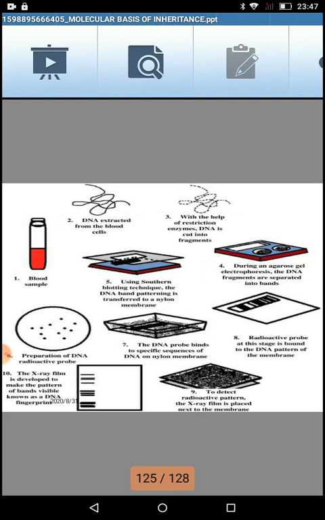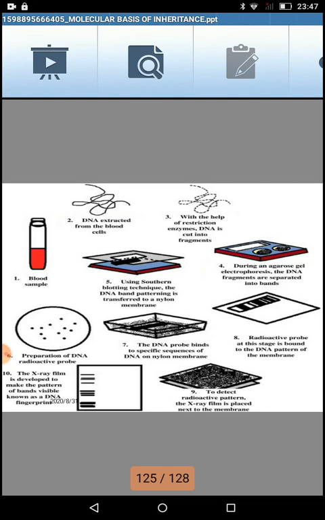Depending upon the size of the DNA, the movement will occur. So the smaller DNA will move a little faster, and the bigger segments will not move so fast. Because of this movement, the DNA fragments will be separated from each other on the agarose gel.